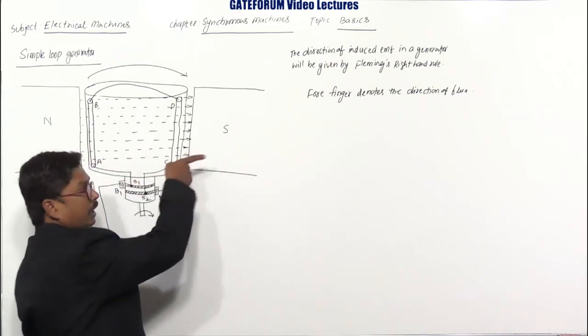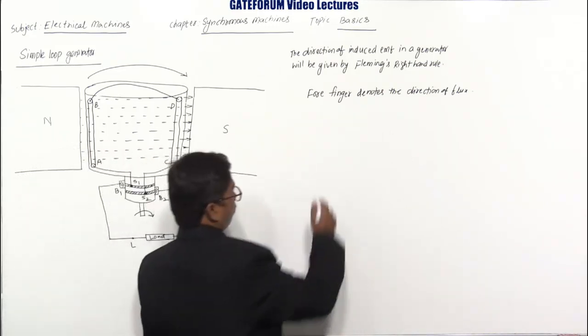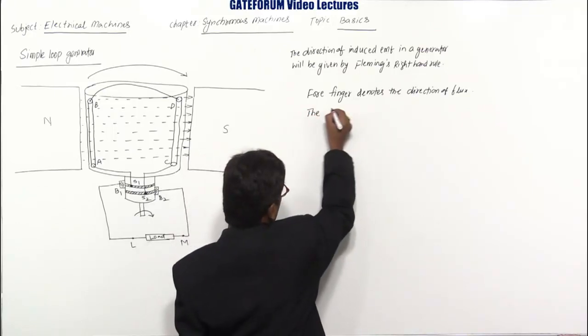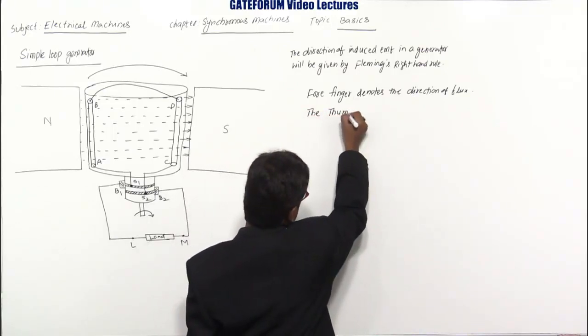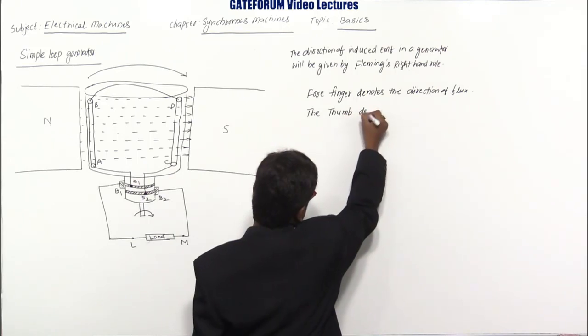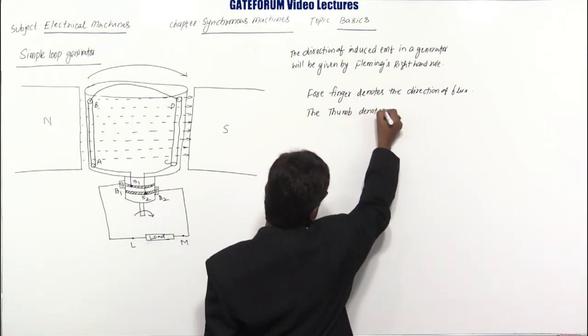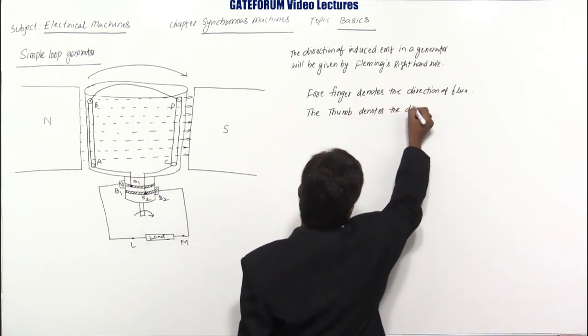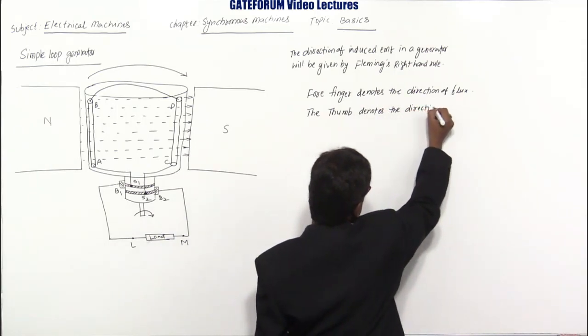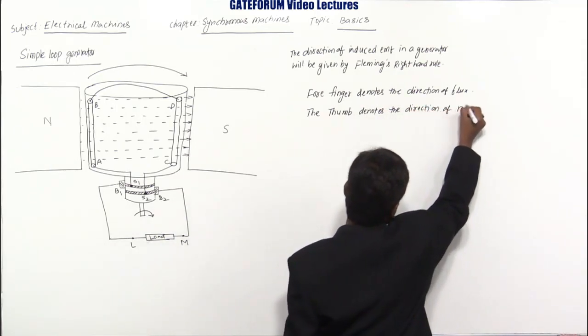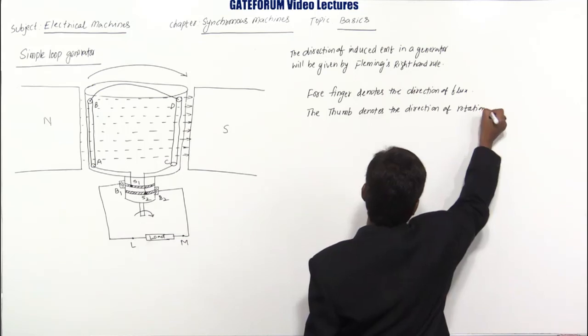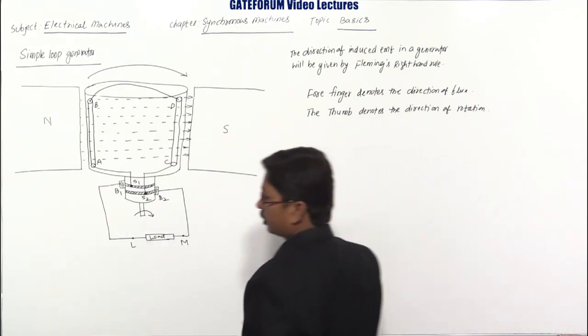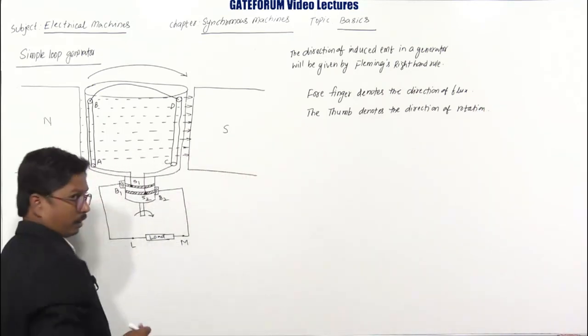The forefinger denotes the direction of flux. The thumb denotes the direction of rotation. In which direction you are rotating the conductor will be given by the thumb.